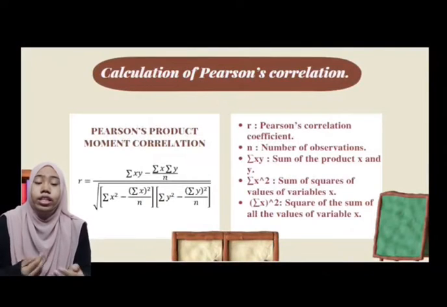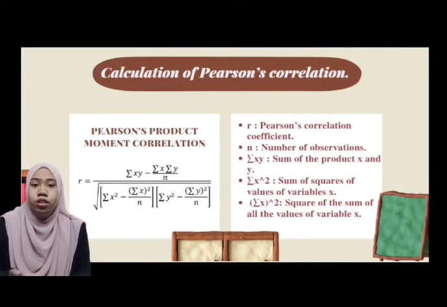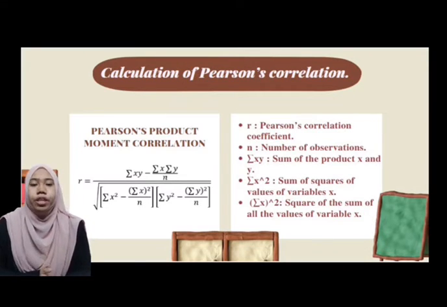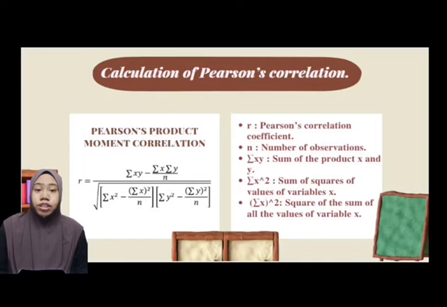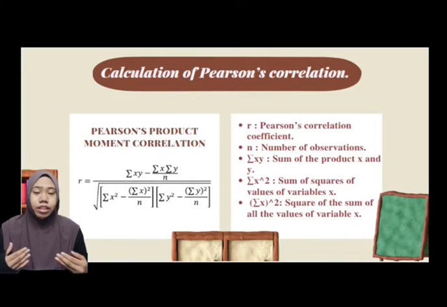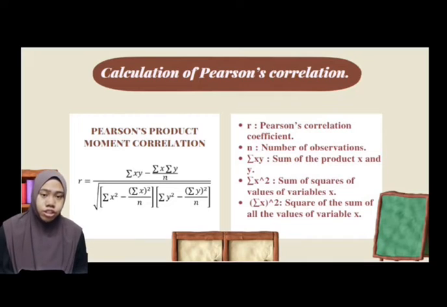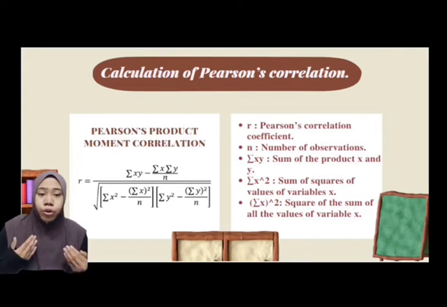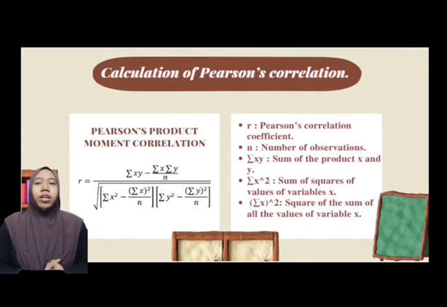So here is the calculation of Pearson correlation. For the formula of Pearson correlation, we will use this formula, and I will explain it in detail. r is the Pearson correlation coefficient. n is the number of observations. Sum of xy is the sum of the product of x and y.